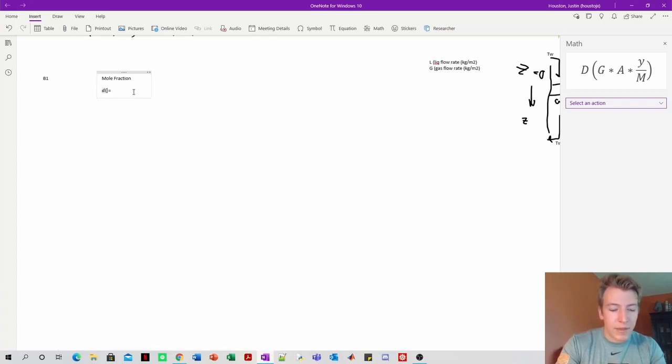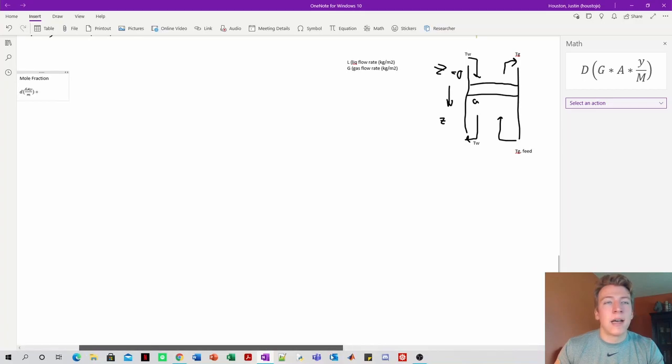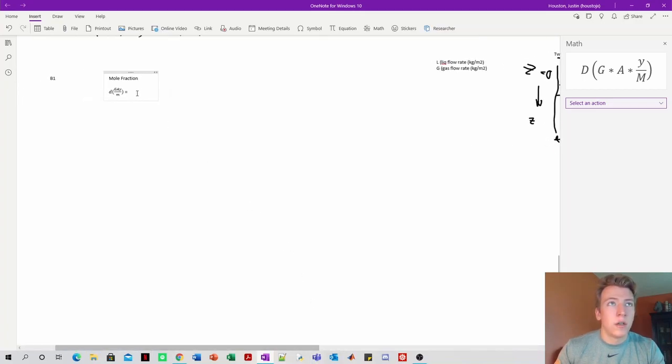I'll just retype this because I want to clean it up a little bit. G A y over M. Alright. So now that we have that, we want to go over the right-hand side of this differential equation.